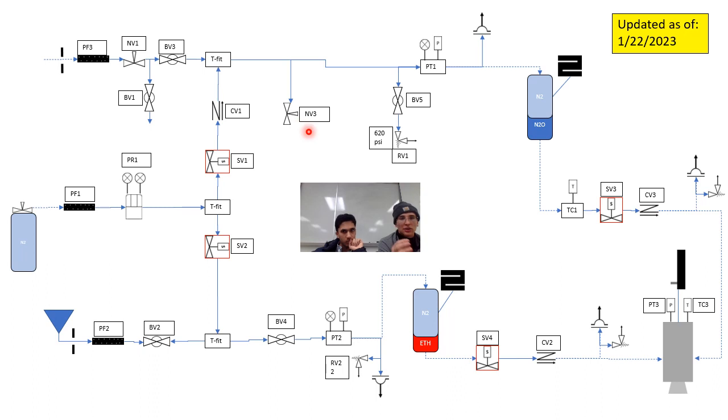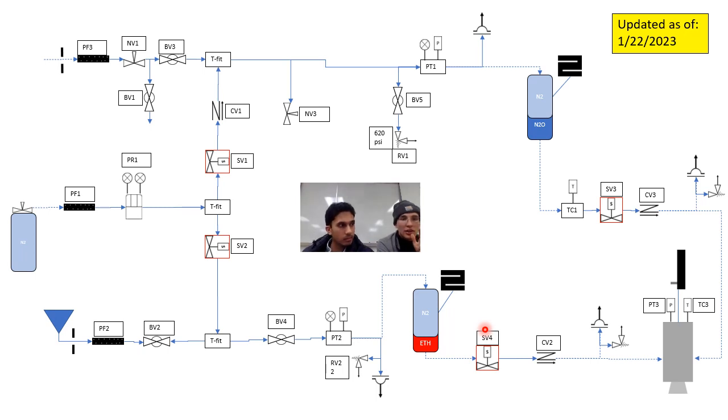SV4 as well. So now we have a slightly higher flow rate through NV3 and BV1. And then the last thing we close, it looks like I already closed NV3, is BV5.